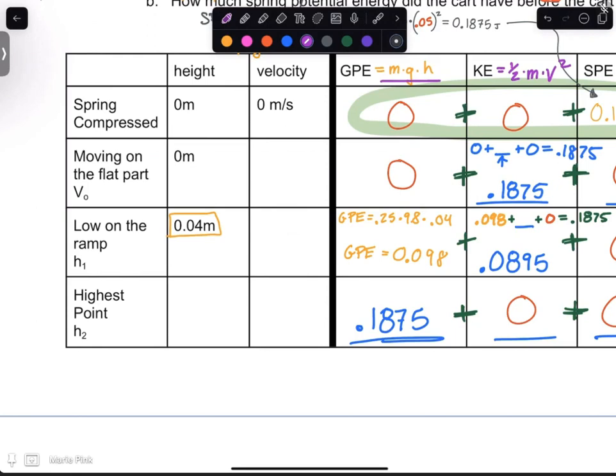So all we need to do is take the energy and use that to solve for height or use it to solve for velocity. Instead of using those things to solve for the energy, we're using the energy to solve for the things. So one that we're going to start with here is the highest point.